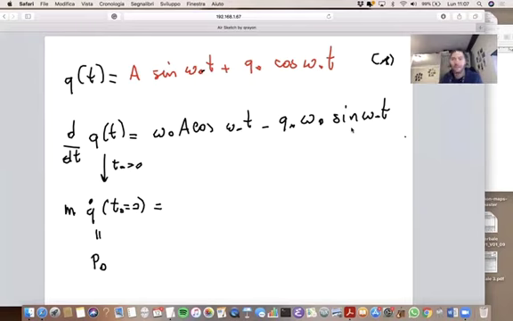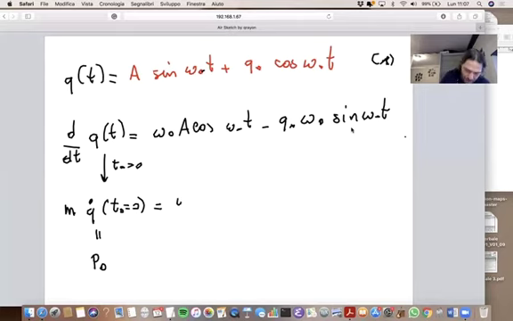I'm using the fact that the first Hamiltonian equation tells me the momentum is the velocity times mass. So this left-hand side is just P naught. And all I have to do now is to compute the right-hand side at the initial time t naught. Now the second term doesn't contribute.